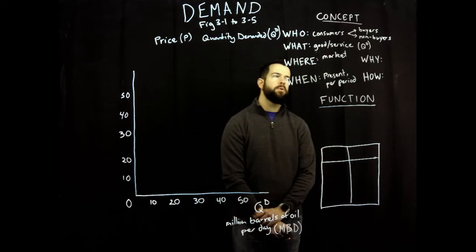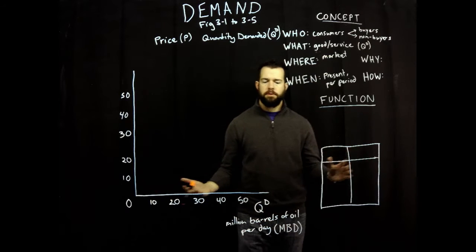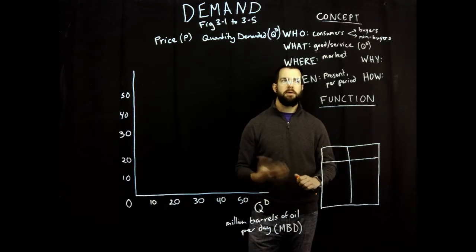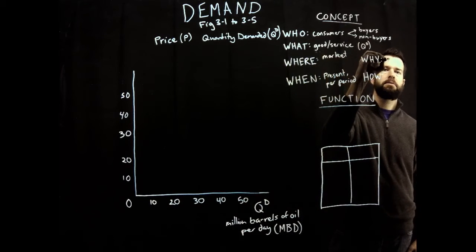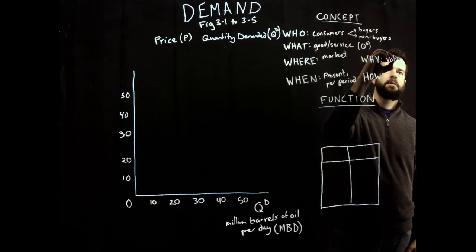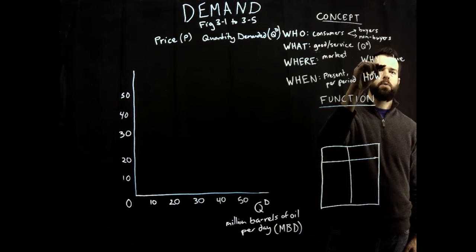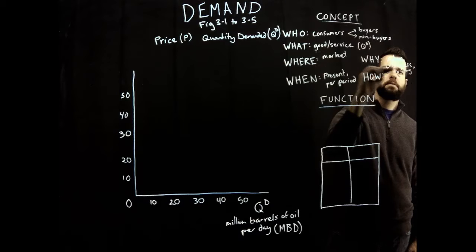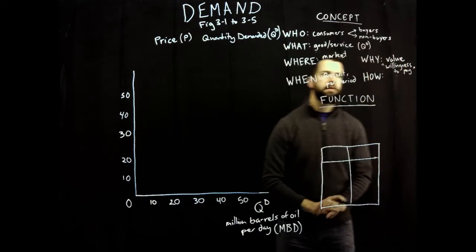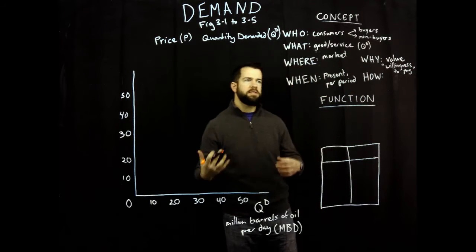All right, why would consumers want to buy oil? Well, because they have some type of value for it, also denoted by willingness to pay. Okay, so they have some value for the oil and some willingness to pay.